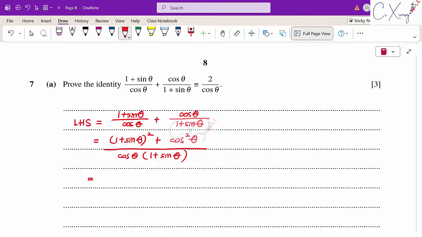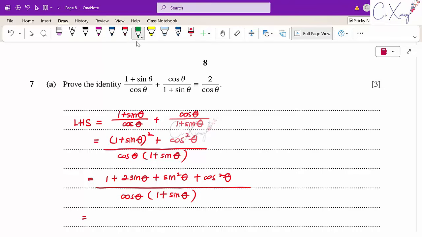Expanding this, you will have 1 plus 2 sine theta plus sine squared theta, then plus cos squared theta, divided by cos theta times 1 plus sine theta. Okay, it still looks complicated, right?